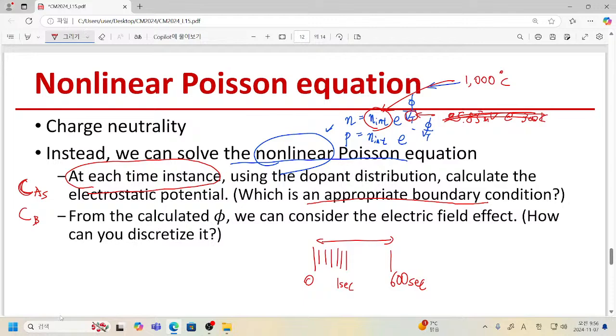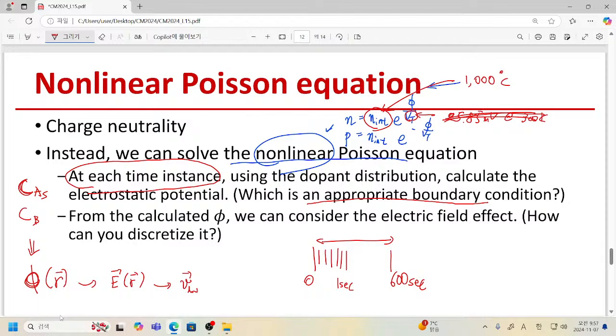Then by solving this nonlinear Poisson equation, you will have the potential, and from this you can generate the electric field, and from this electric field you can generate the drift velocity. And please add this term into your diffusion equation and solve that problem. Then that corresponds to one step in your time transient.